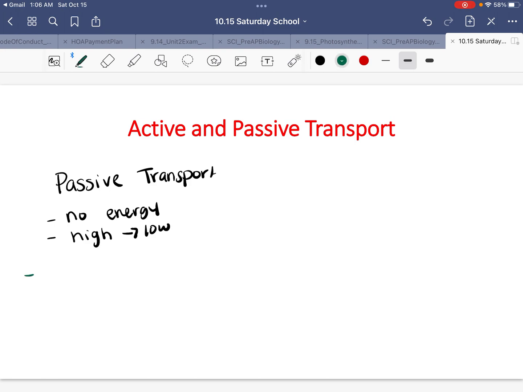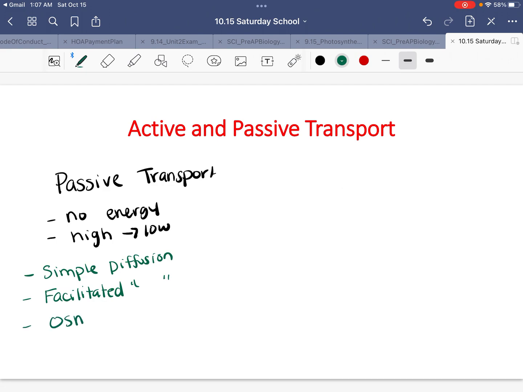And we learned several types. The first one was simple diffusion, where small particles just pass through super easily. The second type was facilitated diffusion. Remember, facilitated diffusion is when you need a protein to help pass those larger particles.